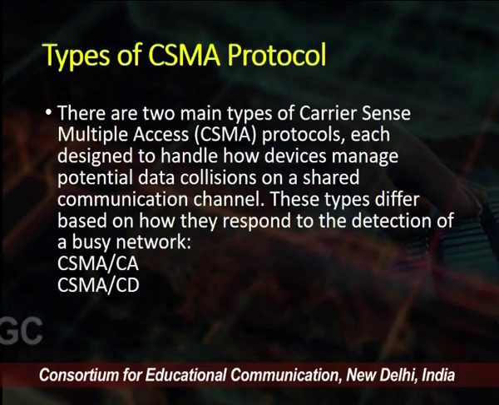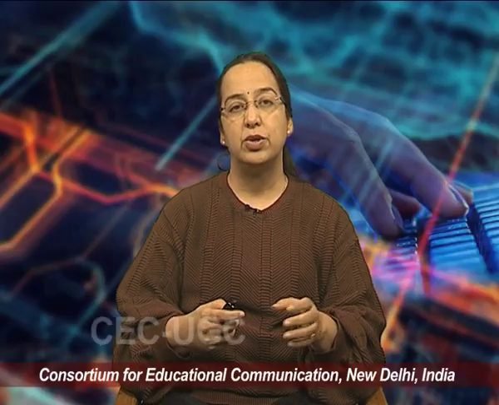Now please try to understand the difference between the types of CSMA protocols, CSMA CA and CSMA CD, versus what we just did, which was the different access modes. The modes are about how they sense the channel and how aggressively they are going to transmit the frame.